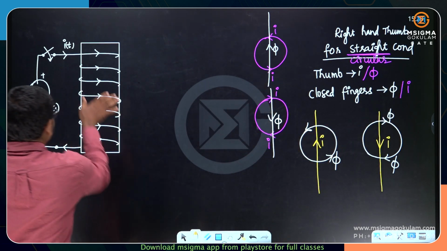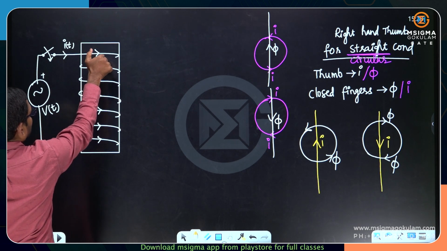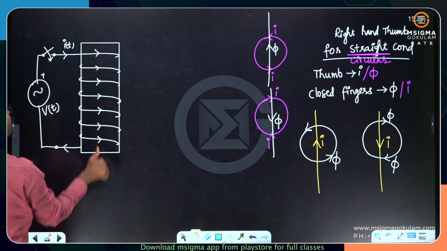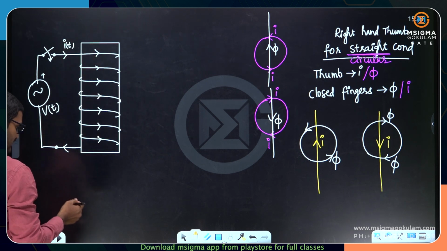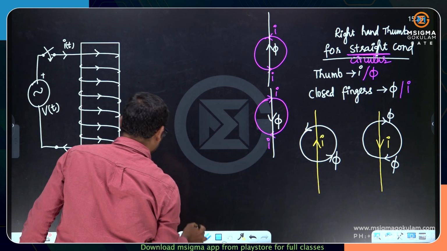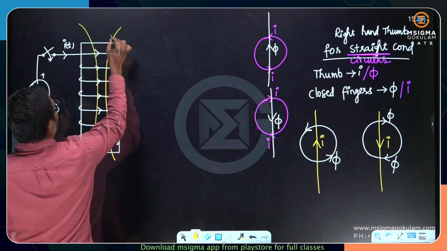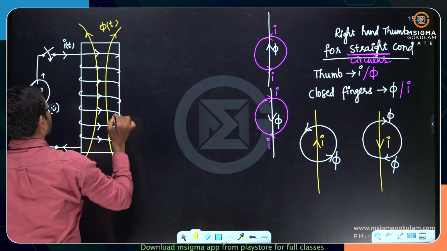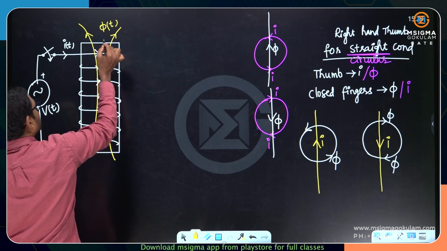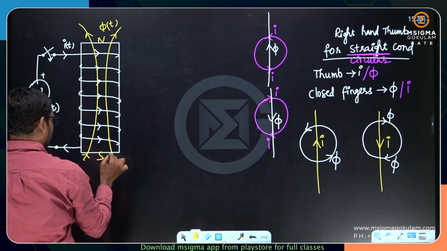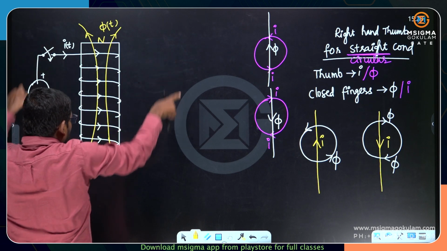Now the thumb will indicate flux, so it will be upward. I can represent the flux line in this manner. So these are the flux lines phi of t. As the flux is emitting from this side, it can act like a north pole and this can act like a south pole. Of course, you will have a closed loop field.